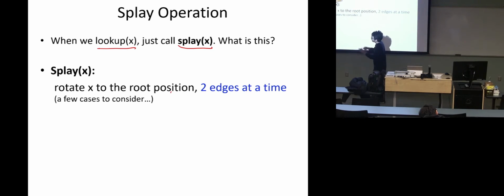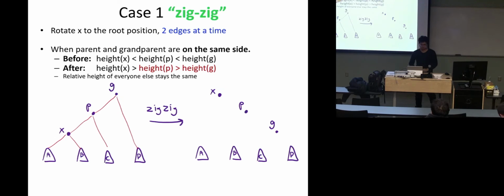At a high level, it will keep rotating x to the root, and do that 2 edges at a time. So there are a few cases to consider. Let me describe. The first case is when the parent and the grandparent of x are on the same side, either both less than x or both more than x. In this case, they are both more than x.